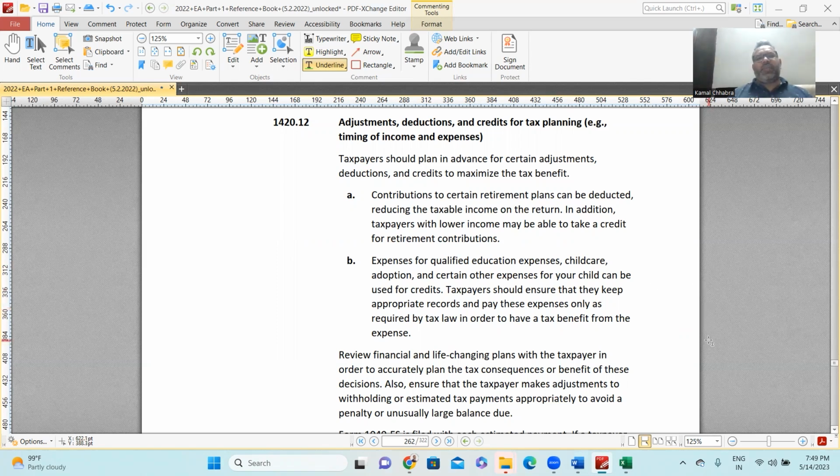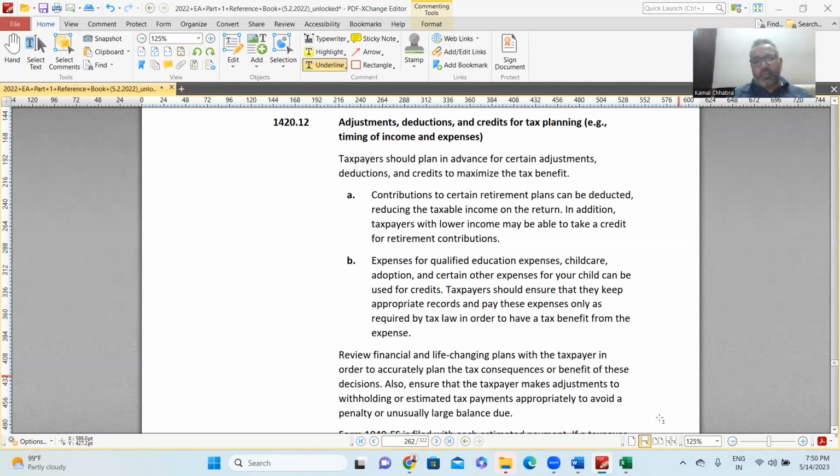Right? So next one is adjustment, deduction, and credit for tax planning. Adjustment, deduction, and credit, which we have discussed in detail in chapter 2 and chapter 3. It's a quick reiteration of the same in view of tax planning. So taxpayers should plan in advance for certain adjustments, deductions, or credits to maximize their tax benefit.